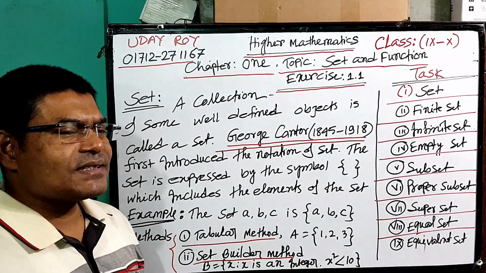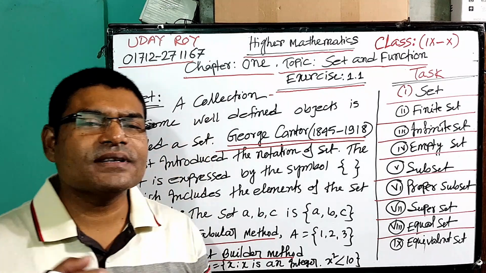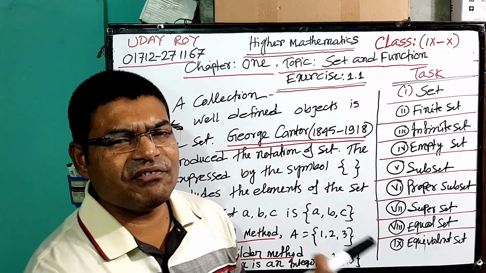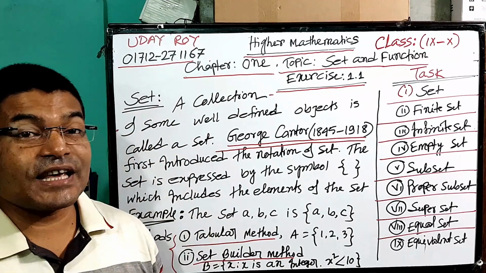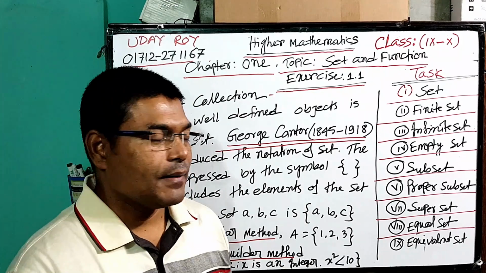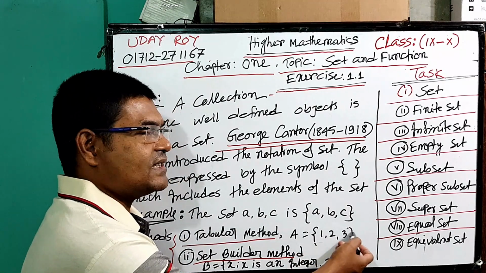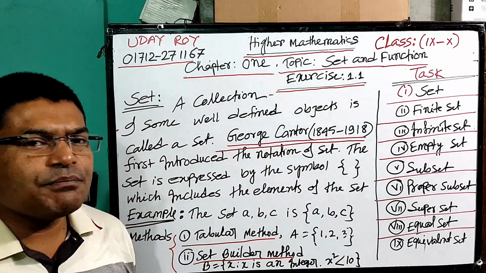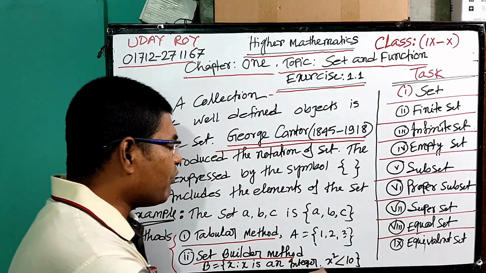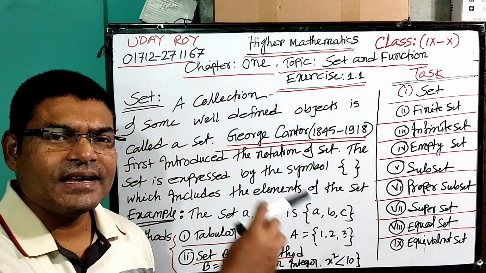So you can see greater than, you can see less than. That means you can see brief type of using symbols. This is clear, visible. But in the set builder method, you have to find out the set.